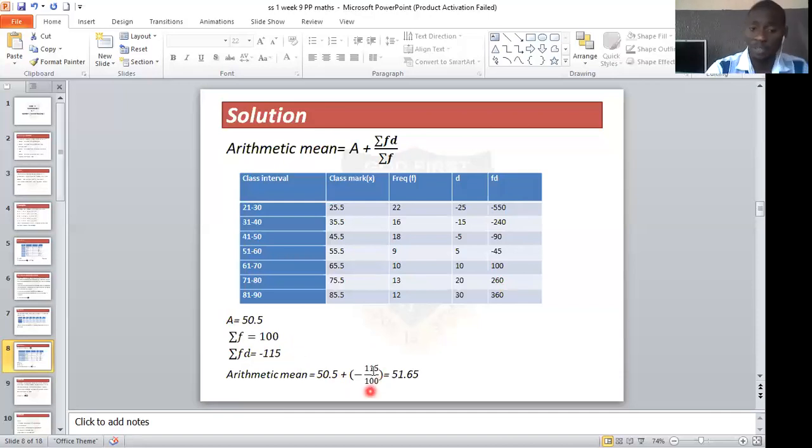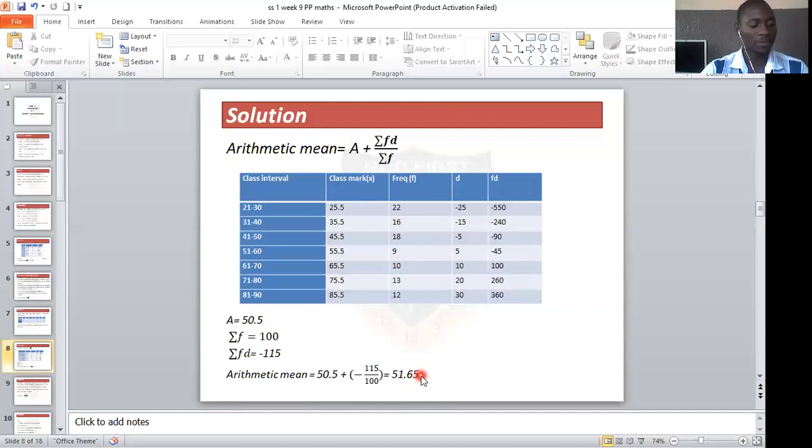If you solve this, 115 divided by 100 will give you 1.15, and plus times minus will give you minus. So you have 50.5 minus 1.15. That is now the answer.